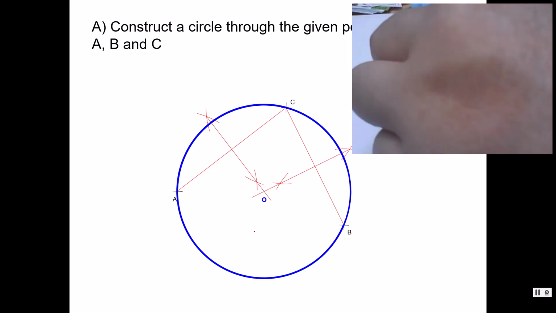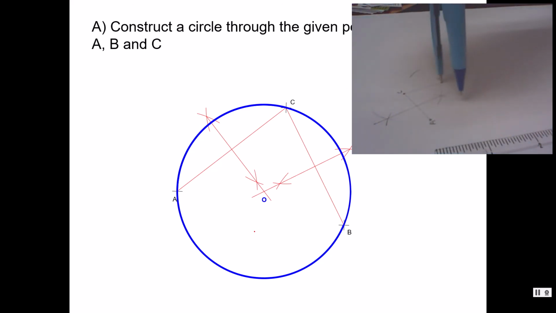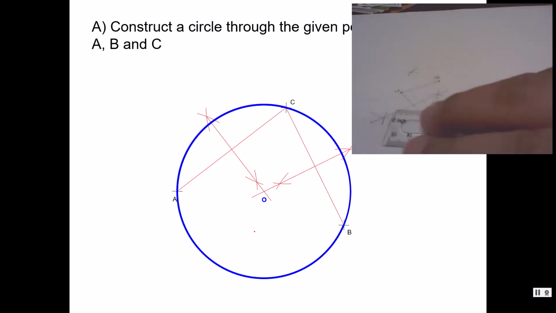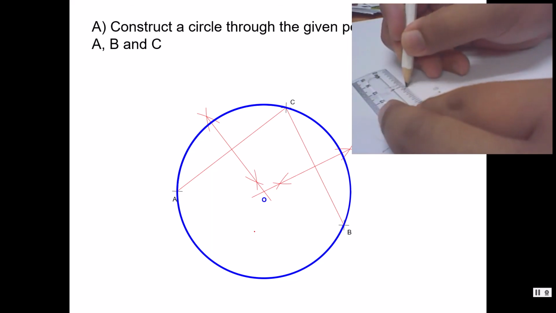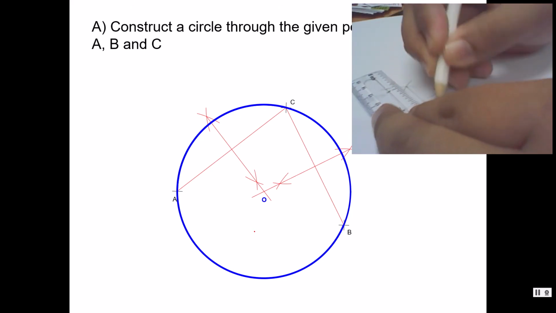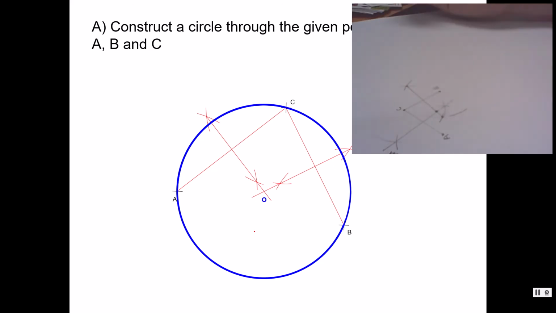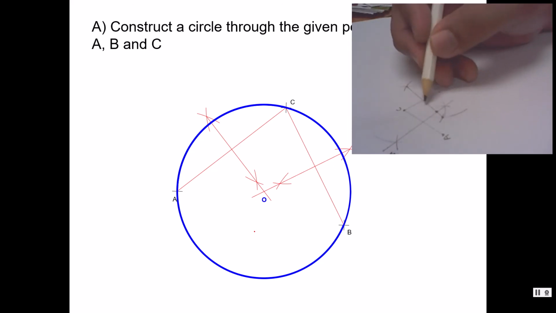Point B, point C. Okay, so we got this point and this point, in which we can just draw the line, and the bisecting line, we can see we got the point here where the two bisecting lines cross each other.